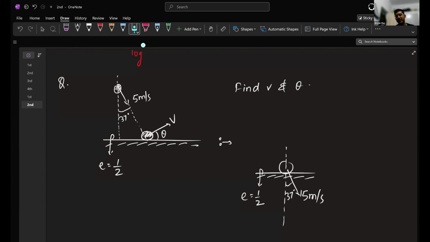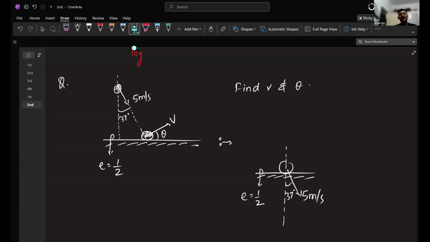This is a collision, right? So momentum would be conserved. The momentum would be conserved for what point? When it is falling like this, you can say that this is a gravity free situation. Even if it is not, Pranav, this condition which I have drawn is valid only when the block is somewhere here.